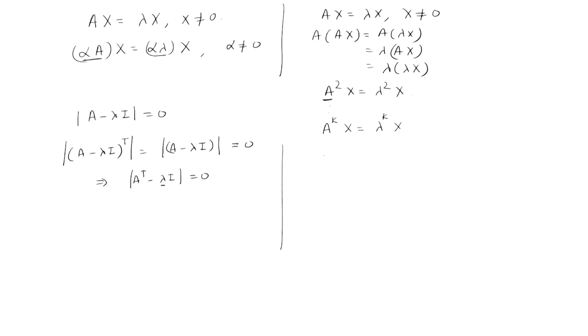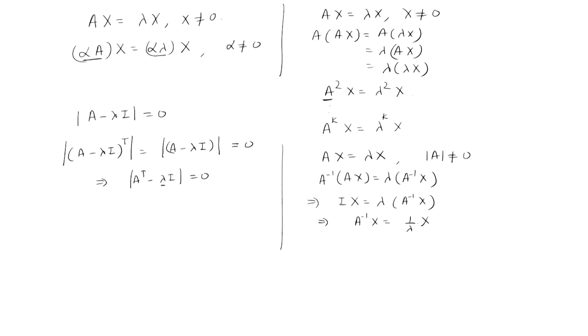The next is if Ax equals lambda x and suppose determinant of A is not equal to 0, that means A is invertible. Then you can multiply both sides by A inverse: A inverse of Ax will be equal to lambda times A inverse of x, and this implies identity times x equals lambda times A inverse of x, and this implies A inverse of x will be 1 by lambda times x.